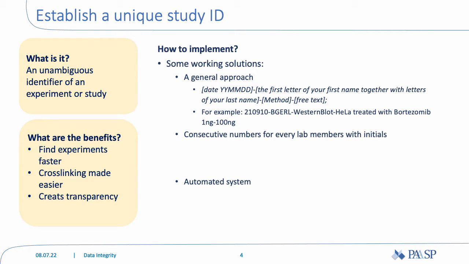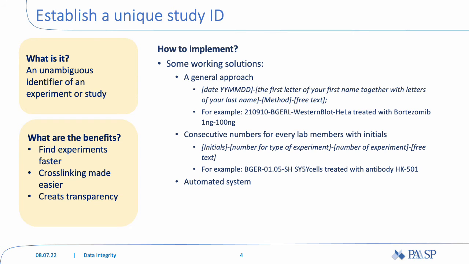The example shows the date, 10th of September 2021, the first letter of the name Björn Gerlach. Then Western blots as a short description of the method, and then a short description of the experiment, that HeLa cells were treated with bortezomib at this concentration range.